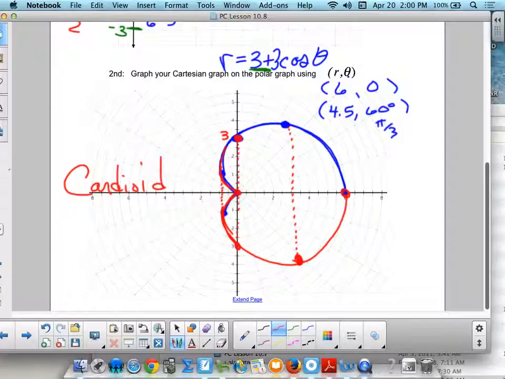They're all going to be basically this. All you have to do is graph it on the Cartesian one, translate it down. That's all you have to do. And 7, here.